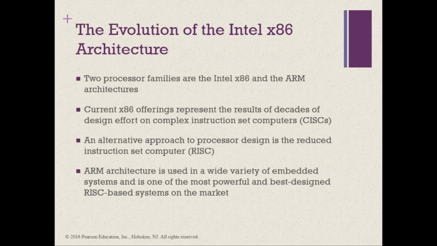An alternative approach to processor design is the reduced instruction set computer, or RISC. The ARM architecture is used in a wide variety of embedded systems and is one of the most powerful and best designed RISC-based systems on the market. For further information, the ARM architecture is used in our mobile phones. In this section and the next, we provide a brief overview of these two systems.